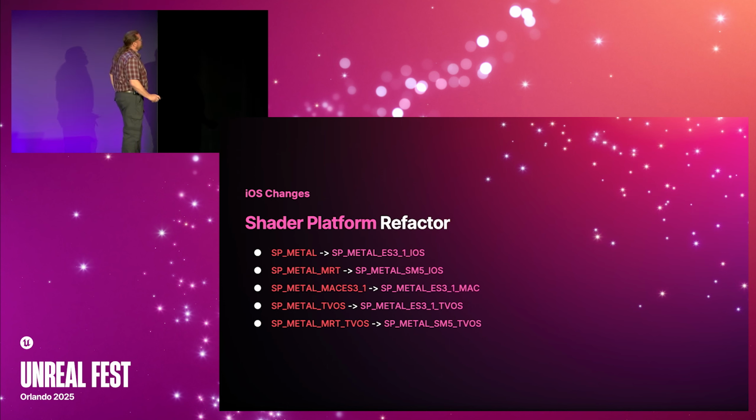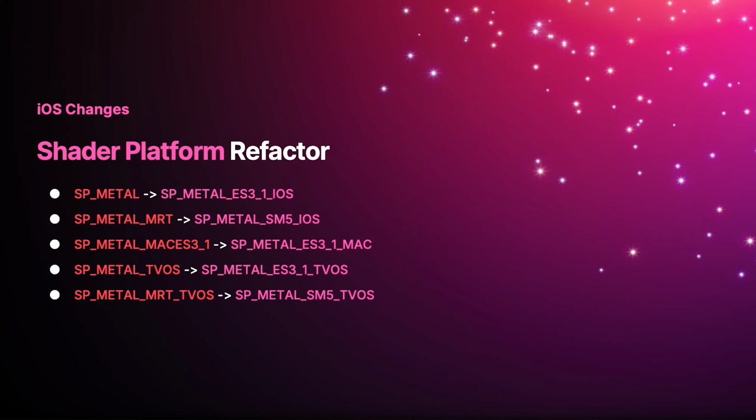So we're now being a bit more specific with what it relates to. SM5 is still the standard that we have. And each platform, tvOS, Mac, is now a bit more specific. They also have an SM5 and an SM6. And just general Metal is just ES, it's not OpenGL ES, it just means the features are similar to OpenGL ES on iOS.